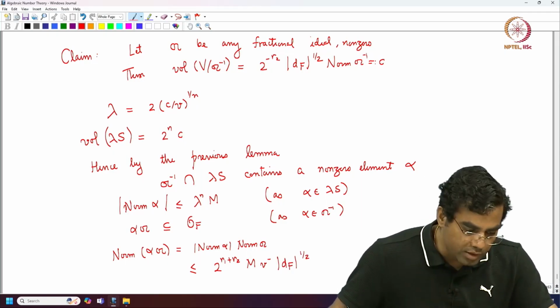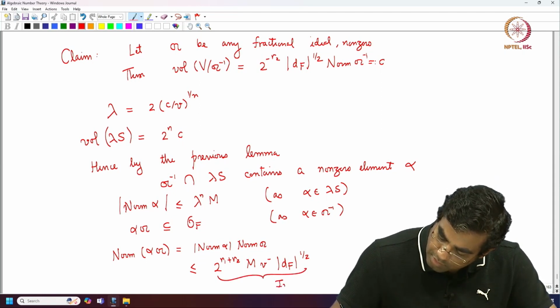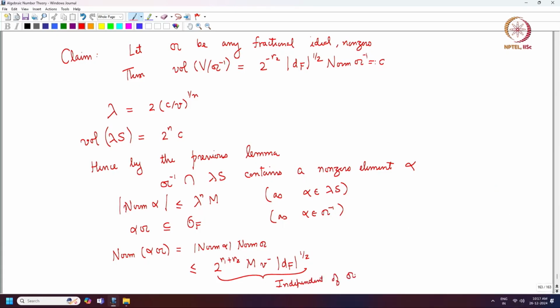Okay. And now this quantity is independent of A. Remember, M depends only on S, which we choose without any reference to A. V is the volume of S, again which is chosen without reference to A, and d_F is just the discriminant.